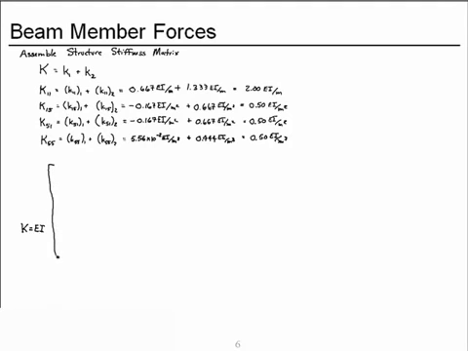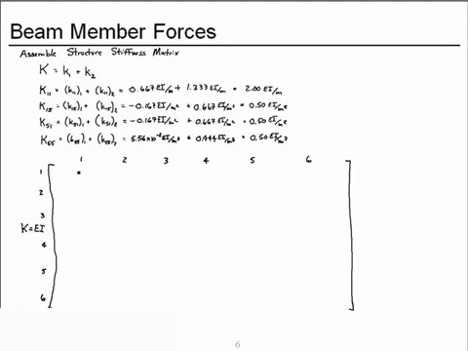And so let's focus on the structure stiffness matrix for the entire structure. We will do so in degree of freedom sequence 1, 2, 3, 4, 5, and 6. So the rows will also be associated with degrees of freedom 1, 2, 3, 4, 5, and 6.